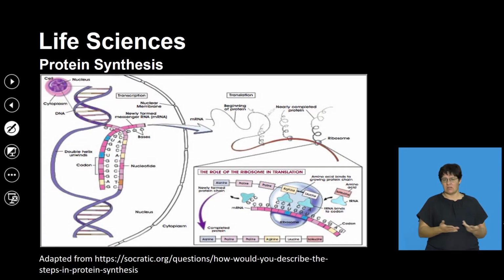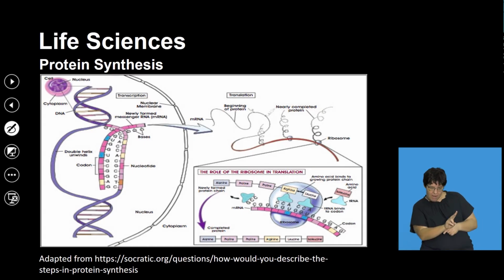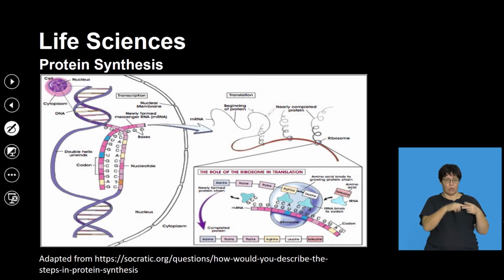So let's try and unpack this. Here I've got a very complex diagram with lots of information on it. We're going to unpack it by looking at this process in two different stages. To help you, let's understand the context of where we are. Here's a cell, and that cell has been enlarged, indicating that we're now in a structure inside the cell, the nucleus.